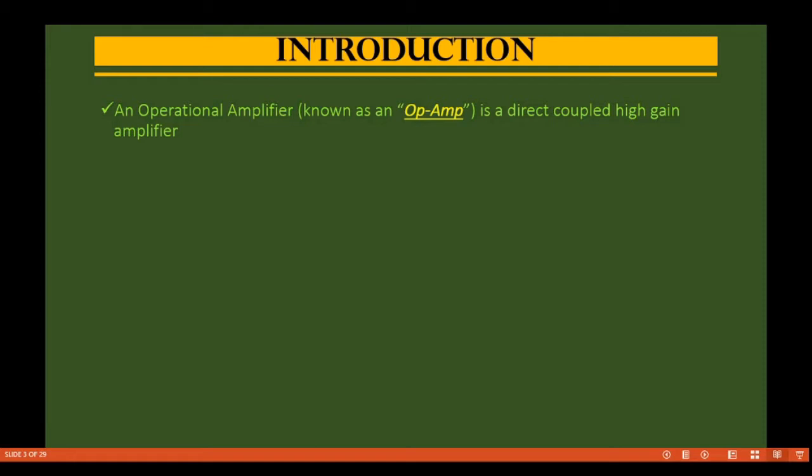But as the name suggests, this operational amplifier can also perform some operations on the input signals.